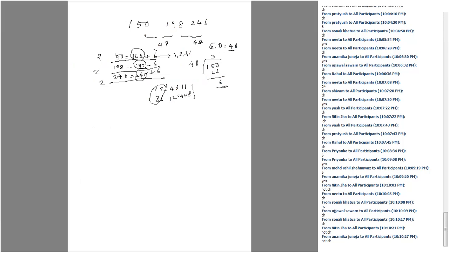Let's say how to find the LCM of this: 27, 45, 72. How do you find LCM? Tell me. 27 is 3 cubed. 45 is 3 squared into 5. 72 is 2 cubed into 3 squared. We'll write like this.